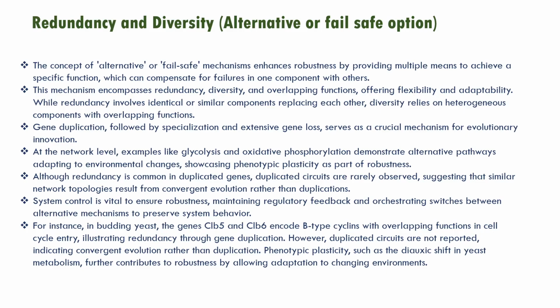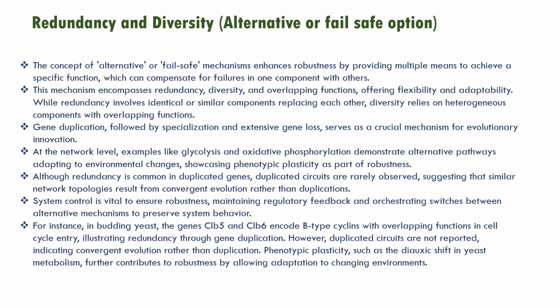At a network level, examples like glycolysis and oxidative phosphorylation demonstrate alternative pathways adapting to environmental changes, showcasing phenotypic plasticity as a part of robustness. One example is aerobic and anaerobic respiration. There are certain bacteria which, depending on the environment, do aerobic respiration.